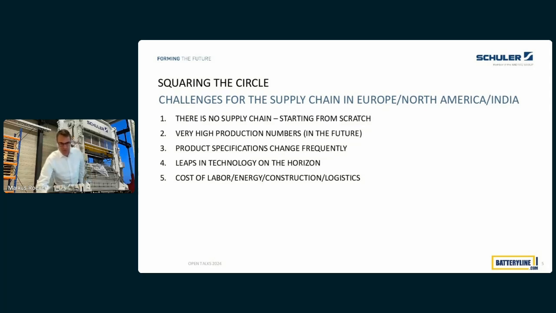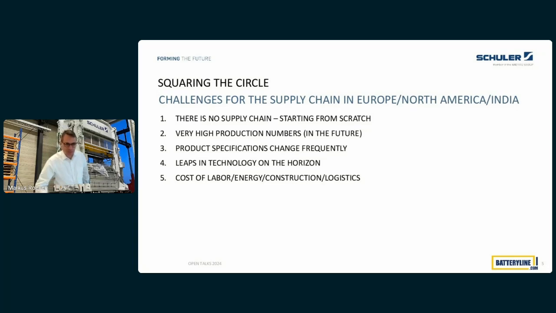Product specifications are still changed frequently, meaning the drawing of the product, the requirements, sometimes also the cells themselves are still under change because of new technologies which are arising. You now have the LFP cells, which are very successful, where some suppliers are changing their chemistry to be competitive.